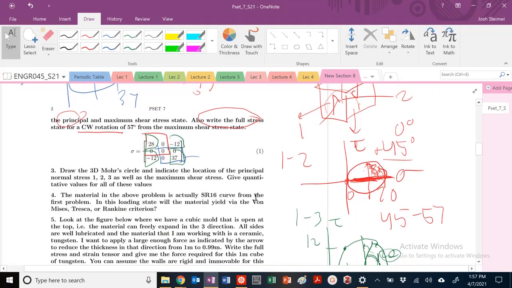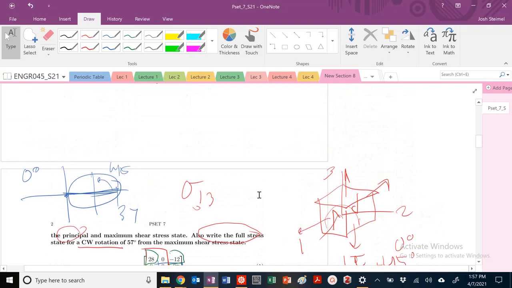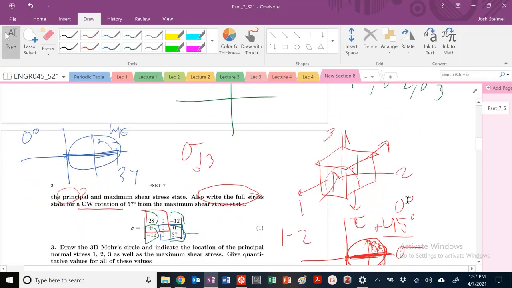So if I want to draw my 3D Mohr circle, I need to determine my sigma 1, my sigma 2, my sigma 3. For my sigma 1s, I'm going to have to find the largest sigma 1. For this plane, sigma 1 is equal to 37, sigma 2 is equal to 0.